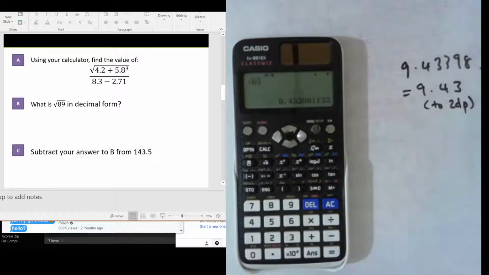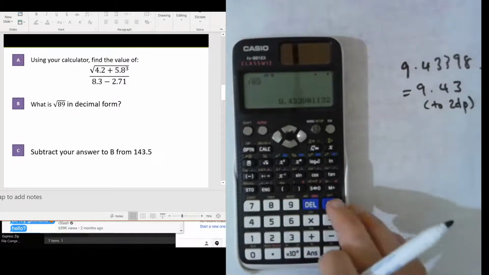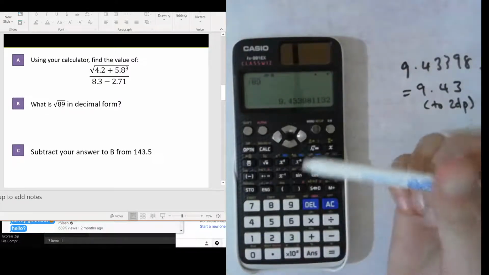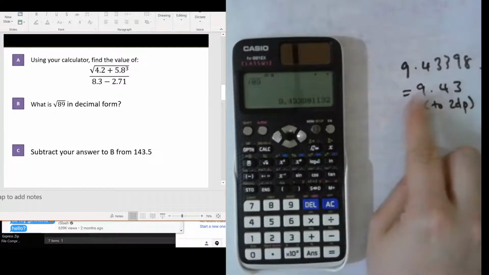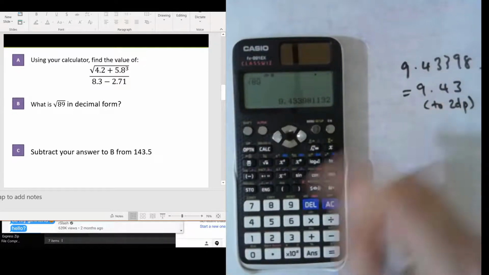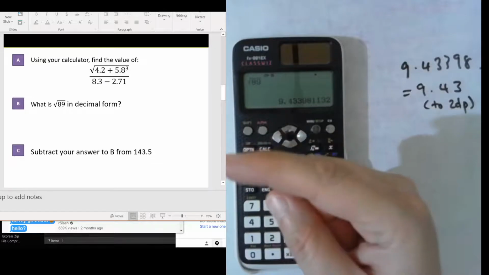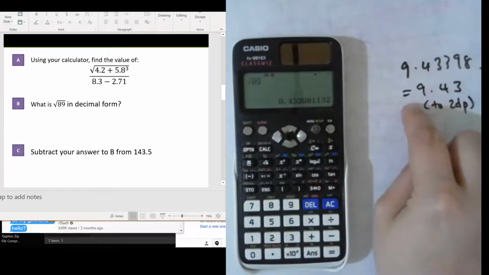Okay. And then in part 3, it says subtract your answer to b from 143.5. This is where a lot of you still make mistakes, okay? Quite a few people would take that rounded answer. But when they give you a question like this, they are not asking for this answer to be used.